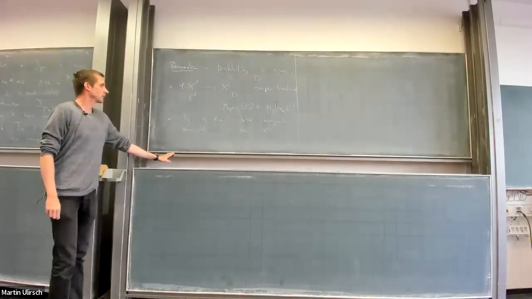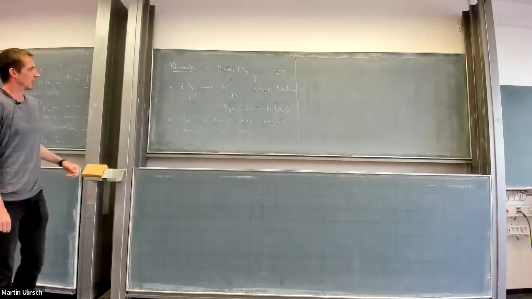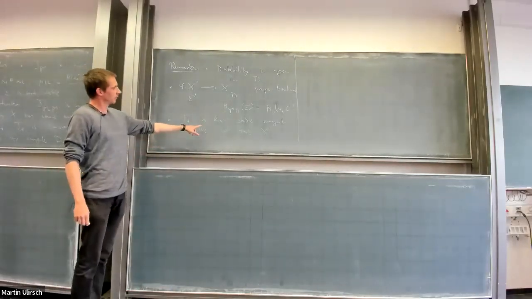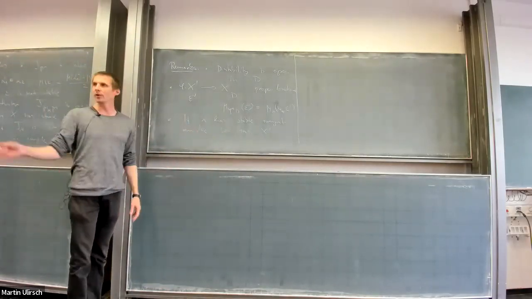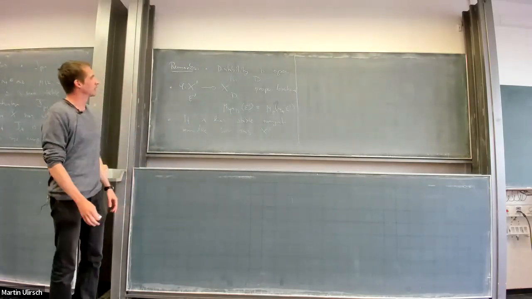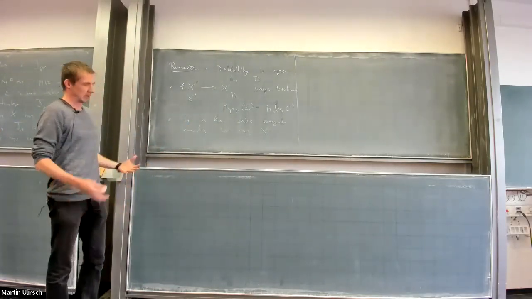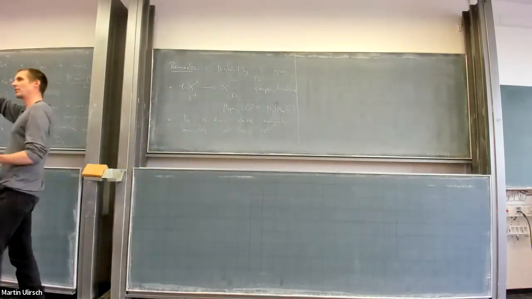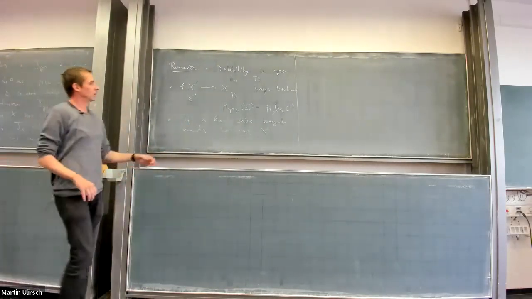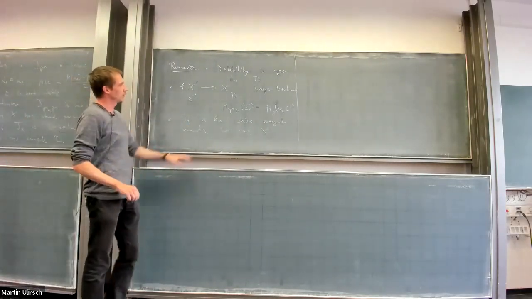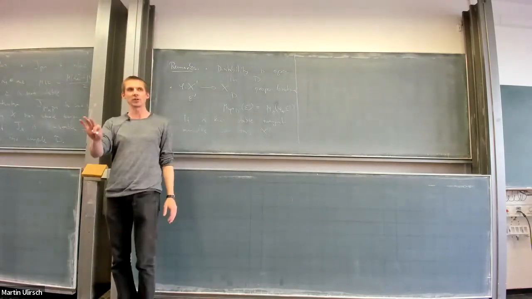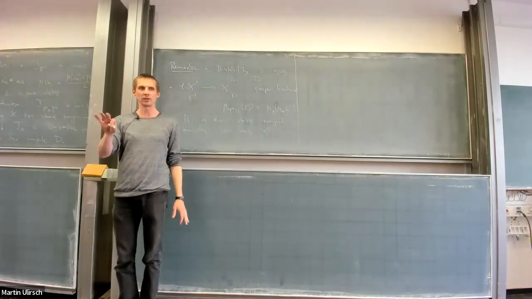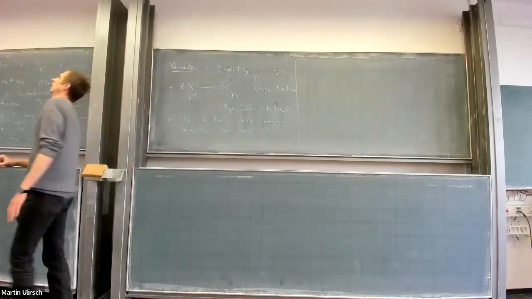So let's assume we have some ample divisor downstairs which makes the tangent bundle stable on X. We can pull this back and use it as our polarization upstairs, and if there would be a destabilizing subsheaf, then this equation tells us that the push forward of this subsheaf would be a destabilizing subsheaf downstairs.